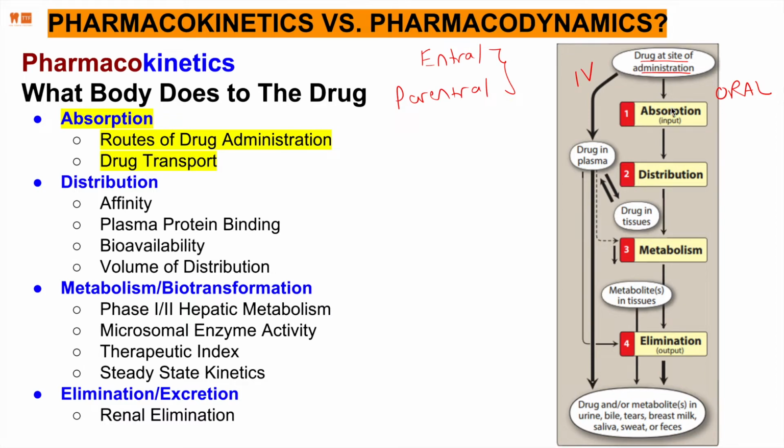Oral will get into absorption first and then move through the ADME. However, IV will skip absorption and only will have the distribution, metabolism, and elimination. So very important to remember that, guys.